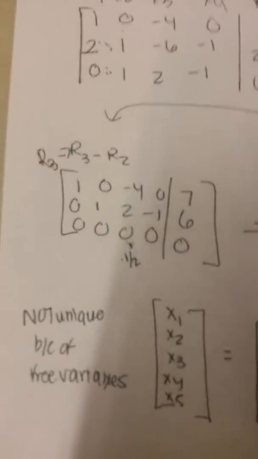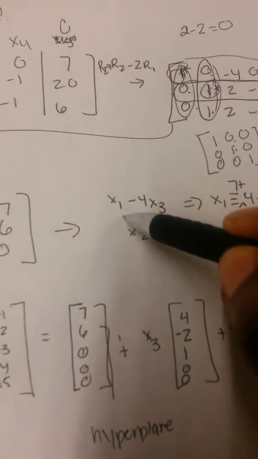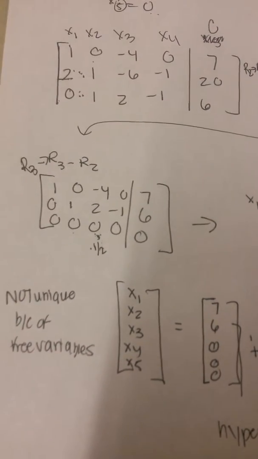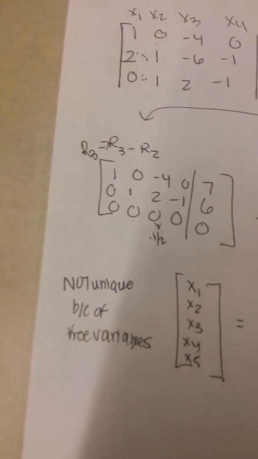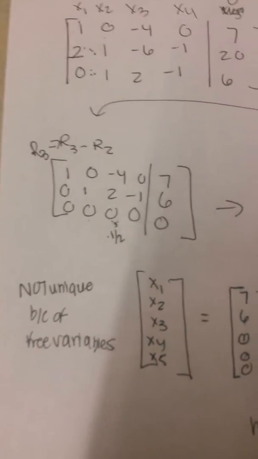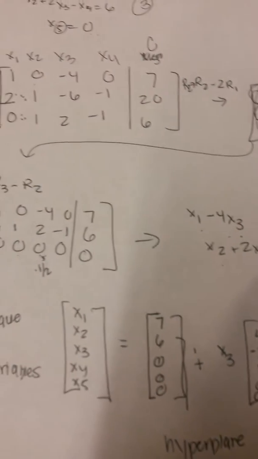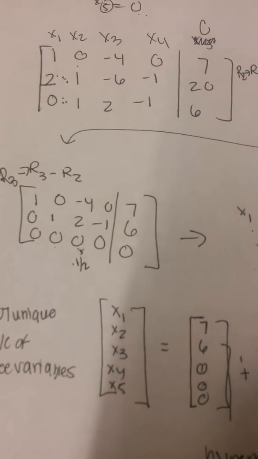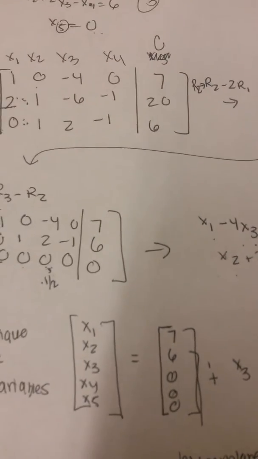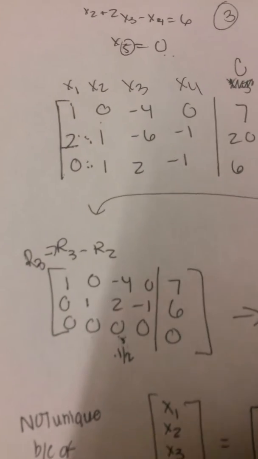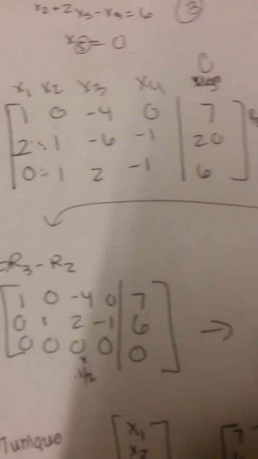So by doing the first row, you have x1 because it's denoted with the 1. There's no x2, there's an x3 of -4 is equal to the 7 that we had. Then as the second row, there's no x1, but there's an x2 and 1 is the coefficient, plus 2x3, minus 1x4 equals 6.